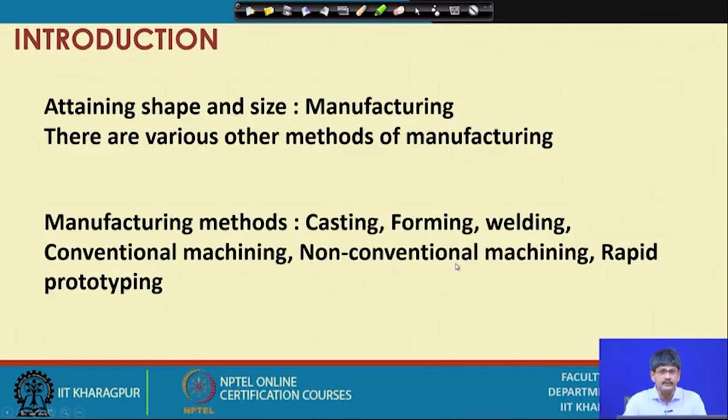What are the principles by which material removal can be carried out without mechanical means? For example, electrochemical machining. We can apply electrolysis and electrolytically dissolve a particular body so that material is removed.